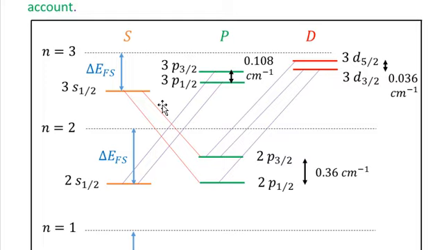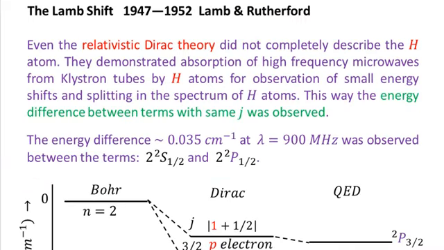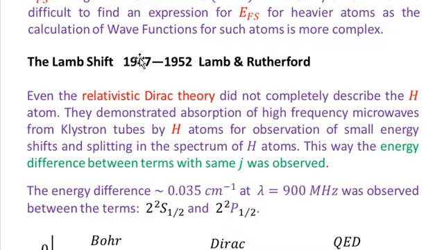But in principle there is a difference in energy level between these states having the same value of J, and this was explained by the Lamb shift. They reported their work in the years 1947 to 52, and Lamb with Retherford performed some experiments, and such experiments are now referred to simply as the Lamb shift.